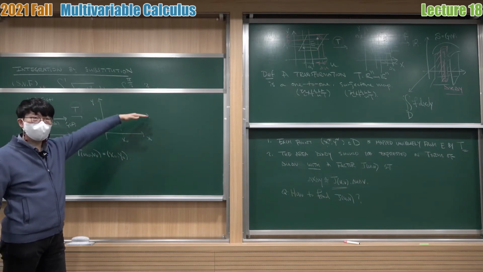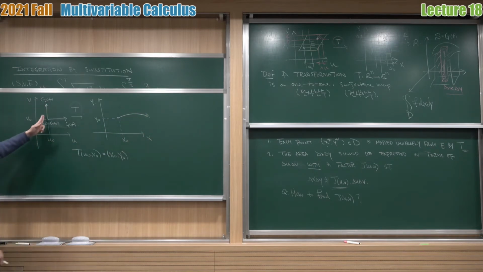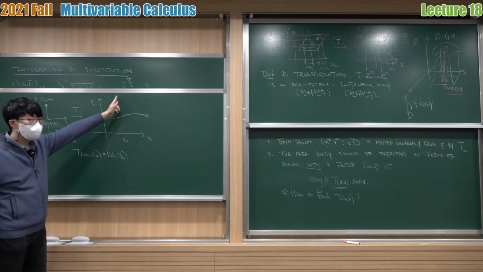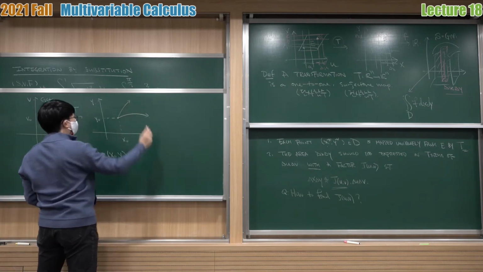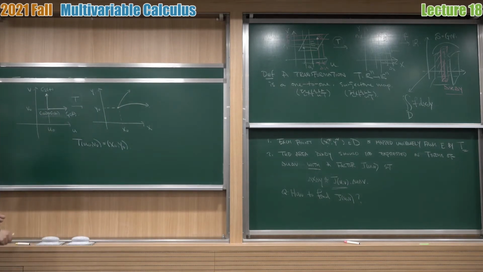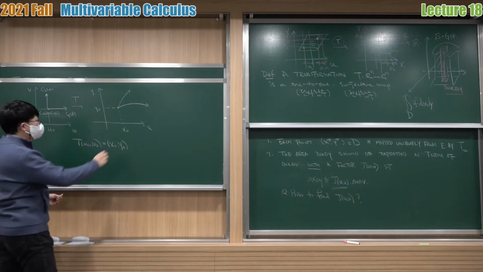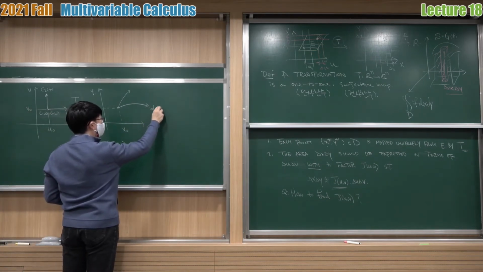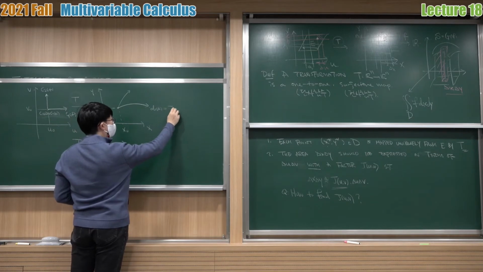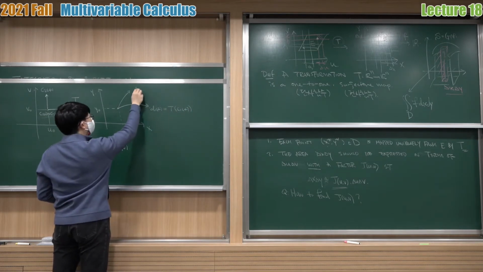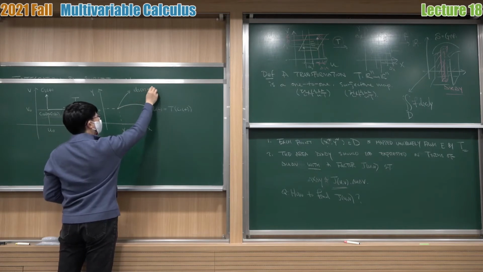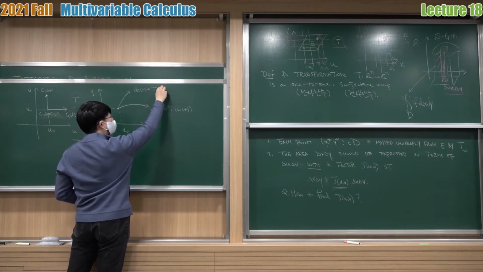Similarly, if I move along C2, it moves along some curve inside the xy plane. I'll call this D1, the composite of C1 and T, and this D2, the composite of C2 and T.